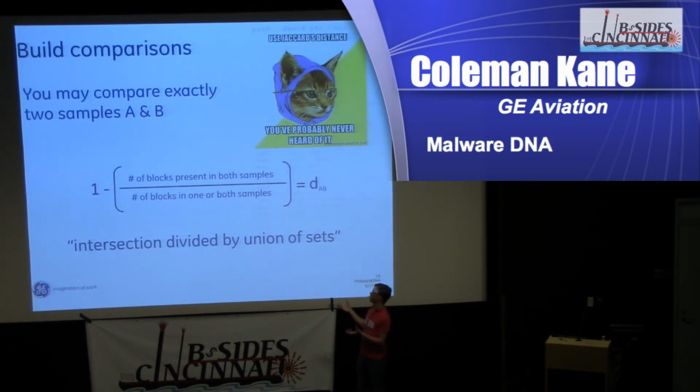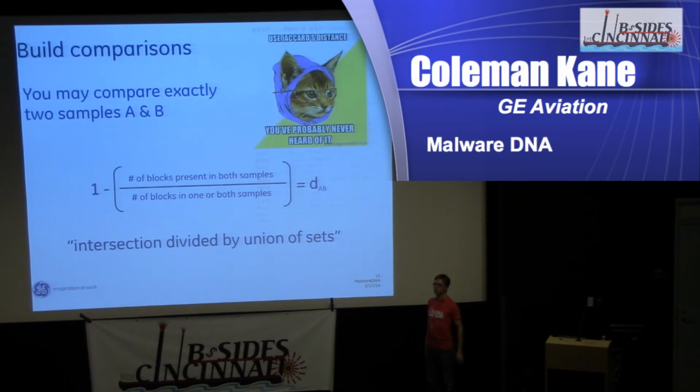Jaccard distance is a computation for how far apart 2 things are, and it's used for plotting things on really pretty graphs. So that's the similarity I gave you, the 10% similarity. 10% of the things overlap in both samples. So the difference between them, the distance between them, is 1 minus that. That's going to give you 90% distance between them.